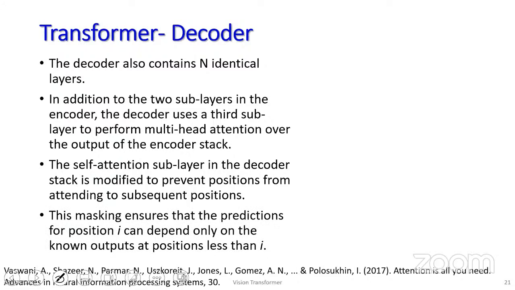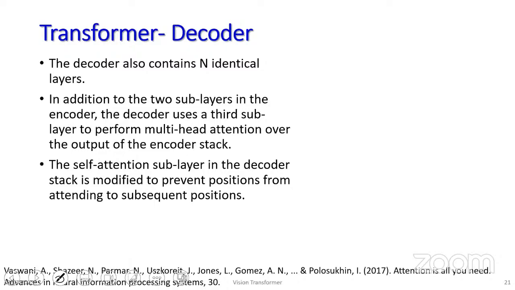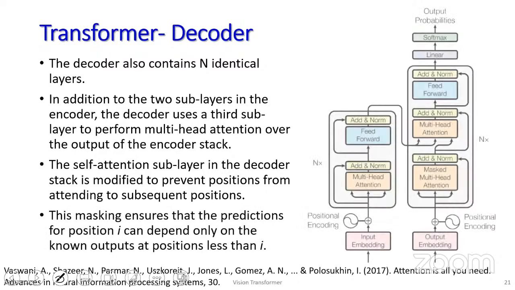The self-attention sublayer in the decoder stack is modified to prevent positions from attending to subsequent positions. This masking ensures that the predictions for position i can depend only on the known outputs at positions less than i. Let's see what it does. Here I'm getting the encoder's output, the hidden states.